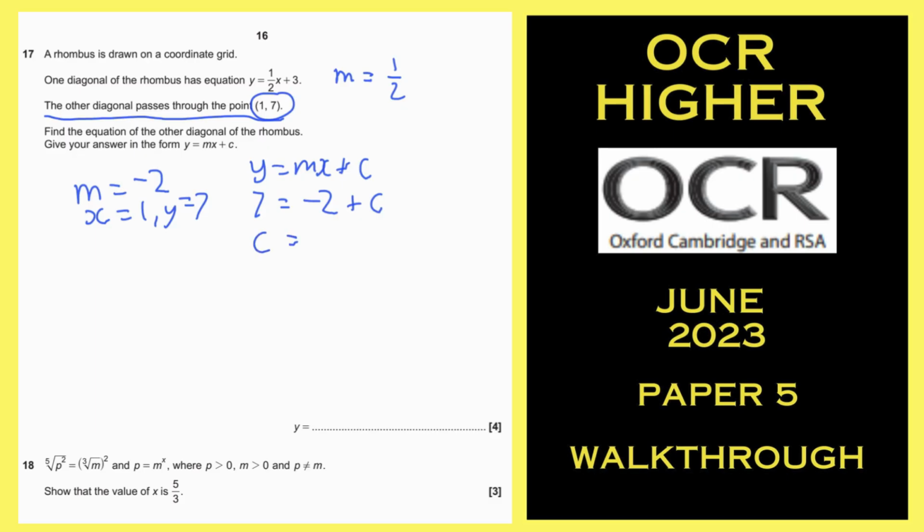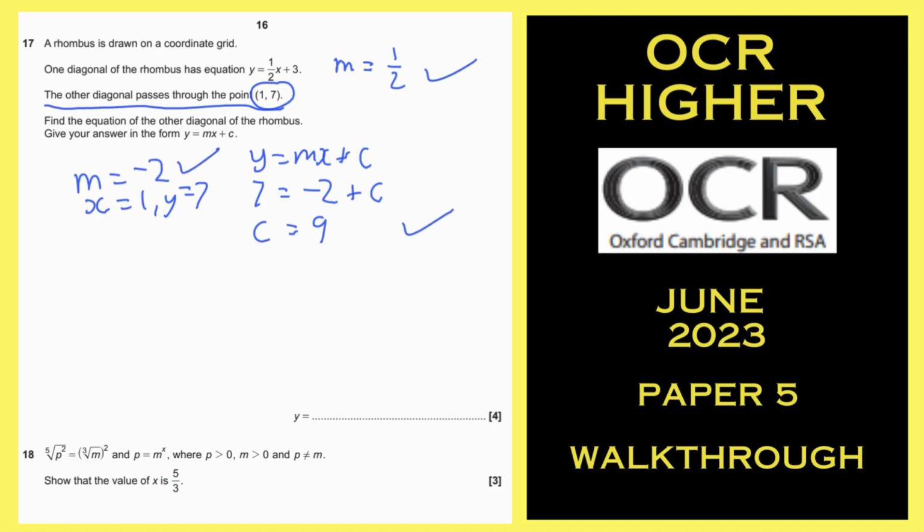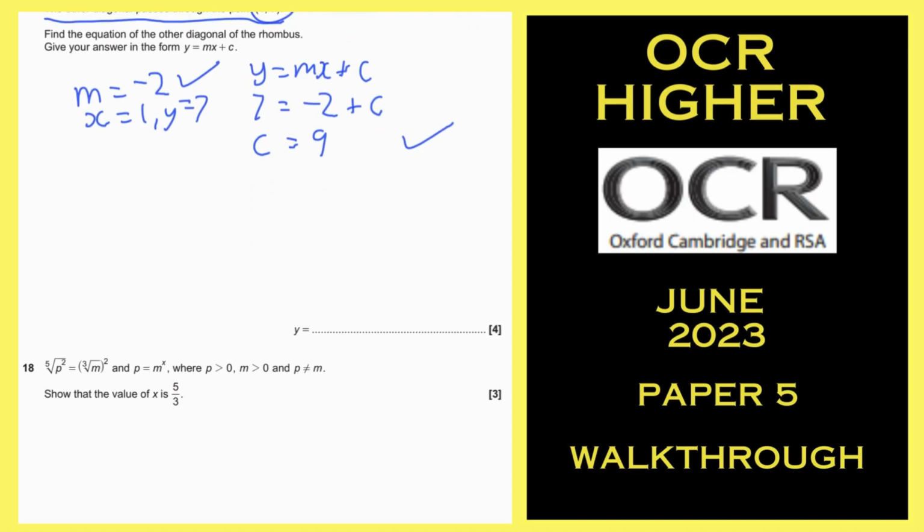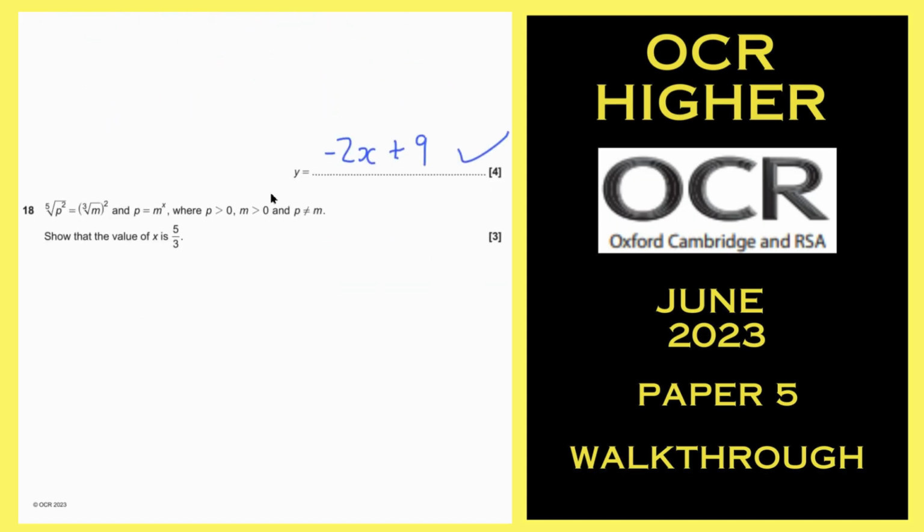Add 2 to both sides. We now know what c is. Let me just put some ticks in. We now know what c is. We already knew what m was. We have the equation y equals minus 2x plus 9, and there's your fourth and final mark.